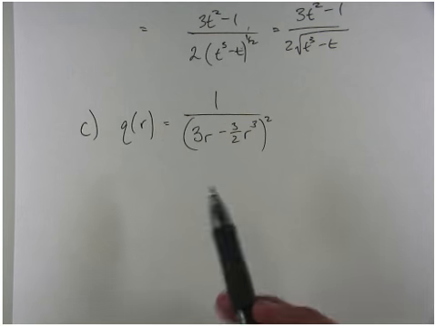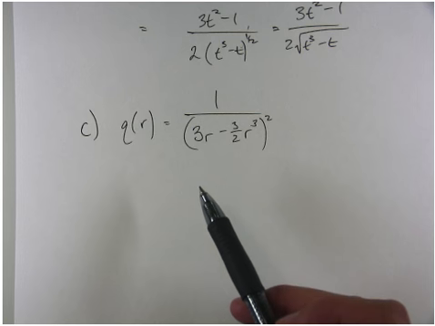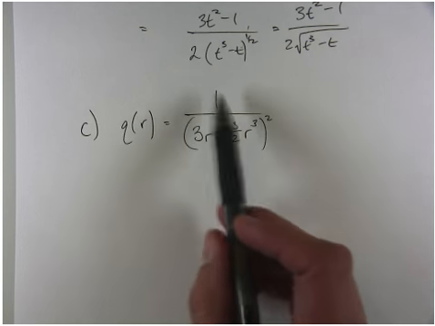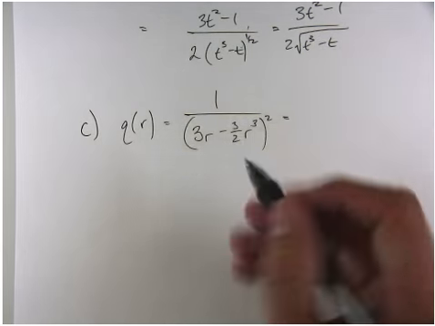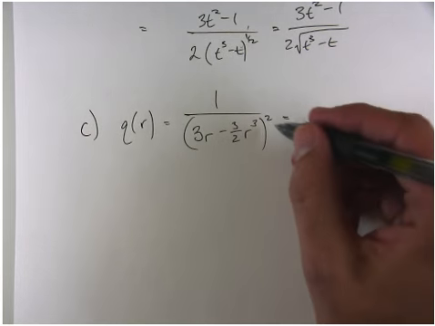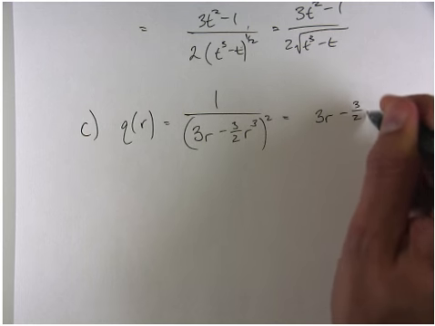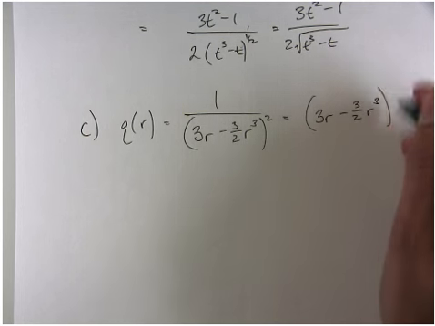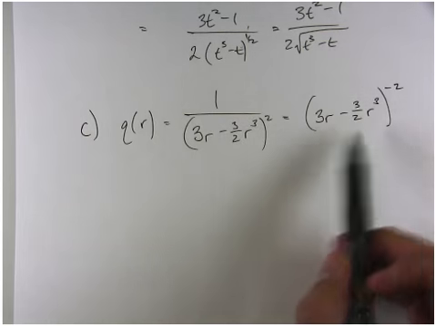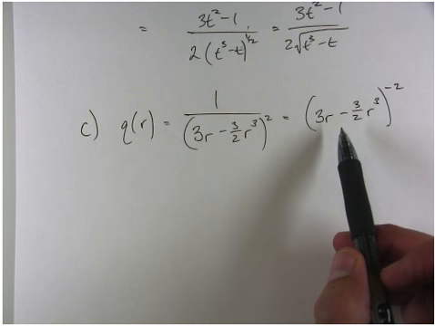And the thing that I would like to do with this immediately is I don't like that it's a quotient. And since it's simple in the top, I might just move this entire denominator to the numerator by negating the exponent. So if I make this observation, it's going to make things a lot easier on me.